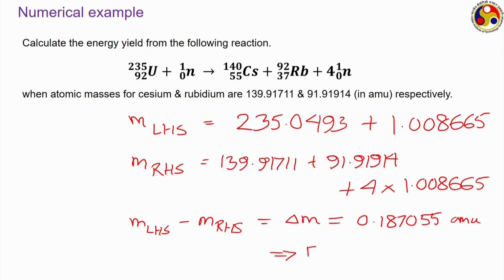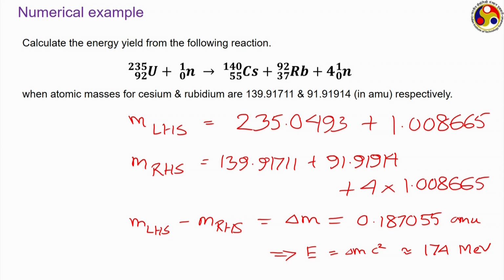Correspondingly, the amount of energy released will be delta m into c square, which is equivalent to 174 MeV. So, we can see here that this particular reaction leads to the release of 174 MeV of energy.